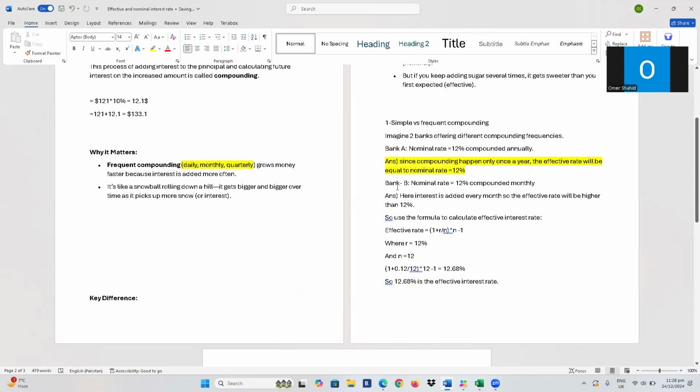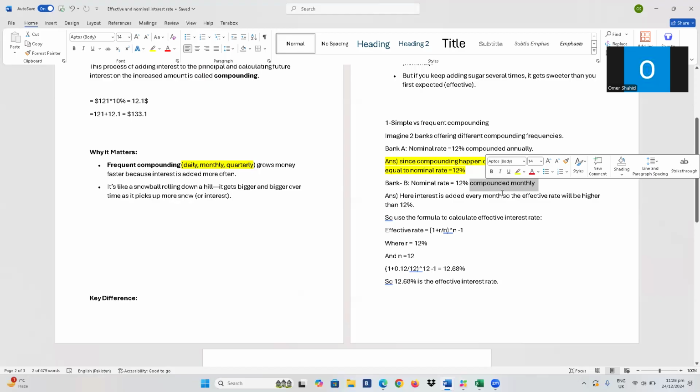Now, for Bank B, the nominal rate is 12%, but it is compounded monthly. Remember this. What does compounding monthly mean?